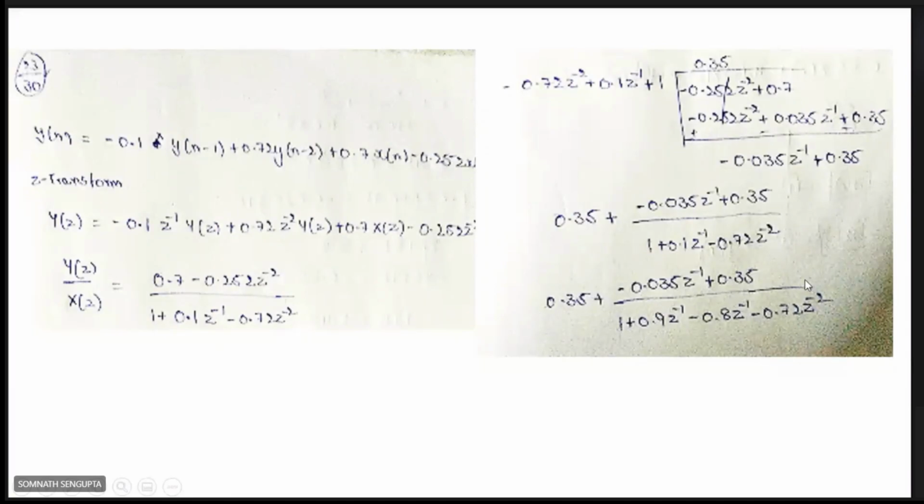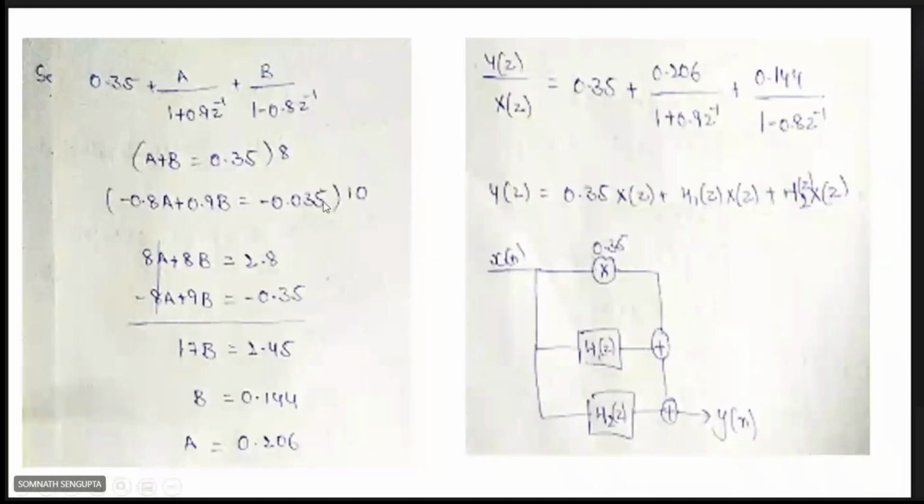Now the expression is coming in the form of a rational function, where the order of the numerator is lower than the order of the denominator. So Z inverse in the numerator, and the maximum power of Z inverse in the denominator is minus 2. Now once you get this expression, apply the partial fraction method.